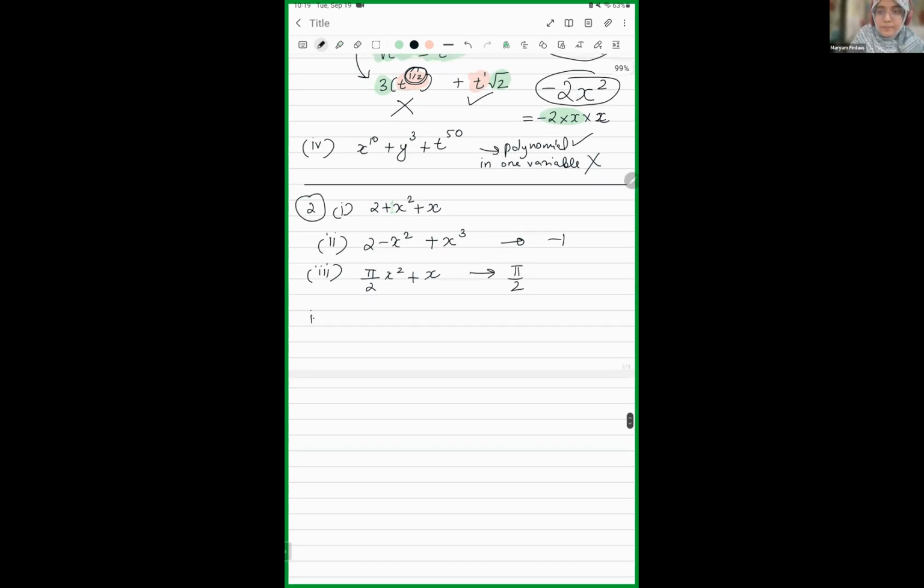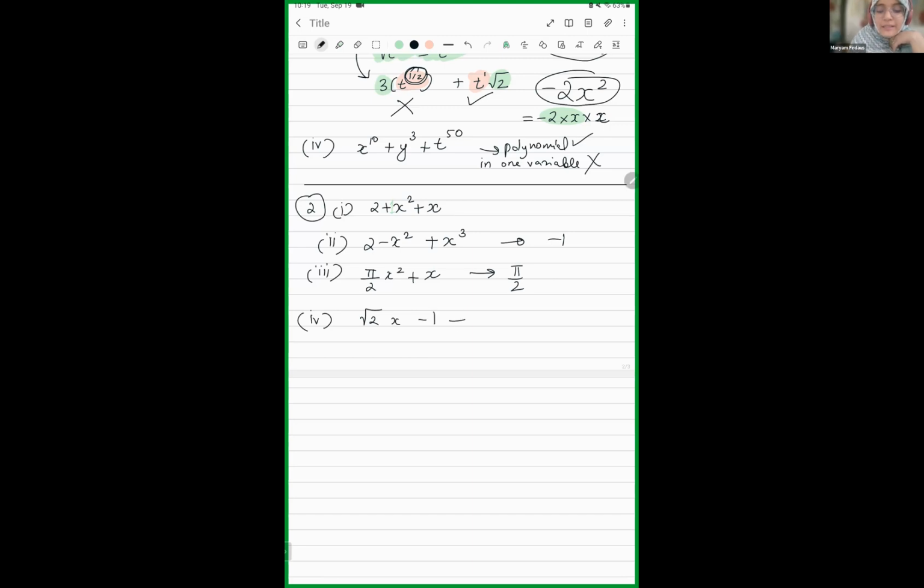The fourth one, root 2 x minus 1. What is the coefficient of x squared in this? √2. I'll repeat my question. What is the coefficient of x squared in this? There's no x squared. 0. There's no x squared, exactly.